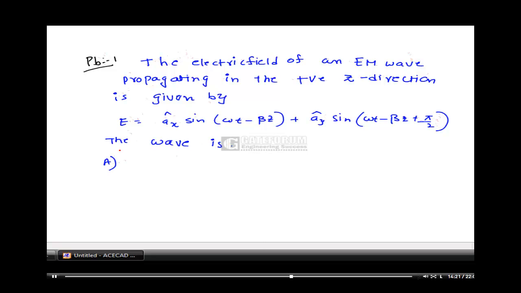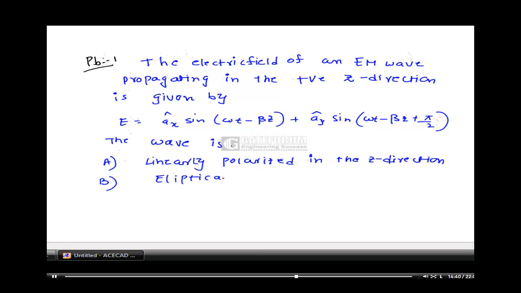The wave is: option A, linearly polarized in the z direction. Option B, elliptically polarized.